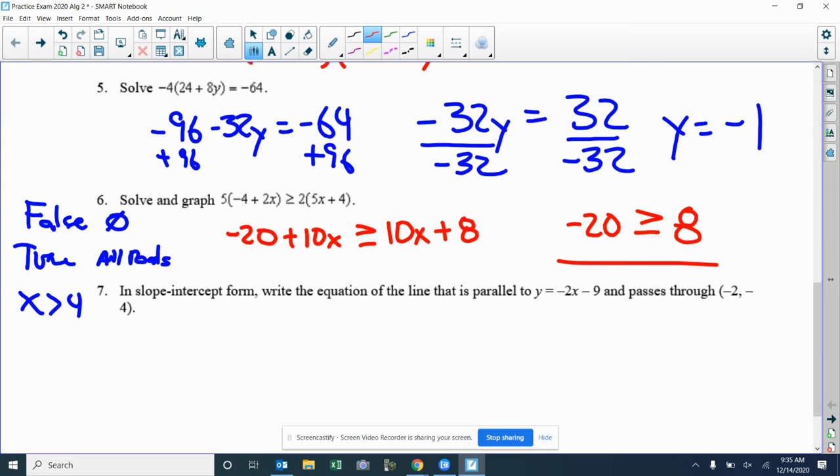Because the x's ended up being eliminated. Well, now I'm down to saying to myself, is that true or is that false? Well, -20 is not greater than 8, is it? So this ended up being false, okay? And when I have a false statement, there's no x that we can put in there that would solve this. There's no value for x that would make this true. That's all that means. No value of x that will make this true.